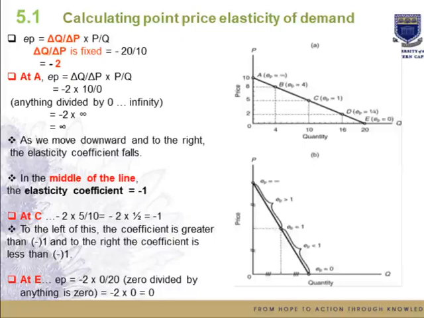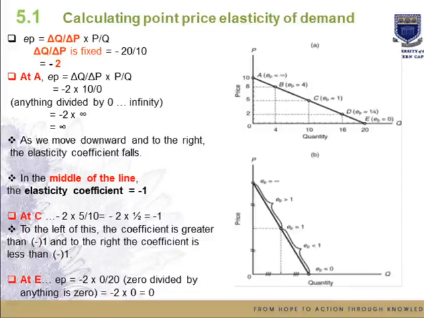At a point such as C, we will obtain a coefficient of -1. At a point such as D, we will obtain a coefficient of 0.25 or a quarter. And finally, at a point such as E, we will obtain a coefficient of 0, since 0 divided by anything is 0.